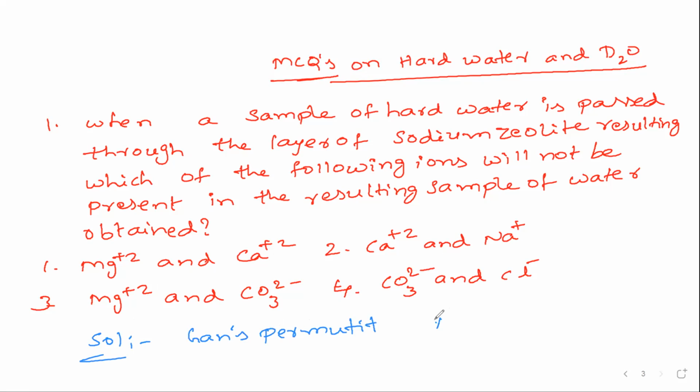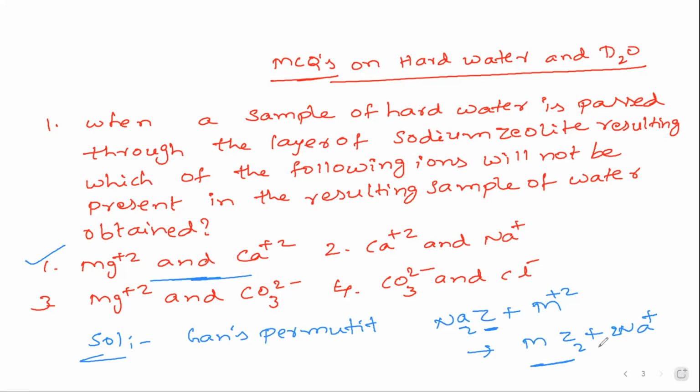In this, what happens is Na2Z combines with M2+ ions and forms MZ plus 2 Na+. This Z is called zeolite, and the magnesium and calcium ions are removed here. So the answer is the first option. Very, very important.